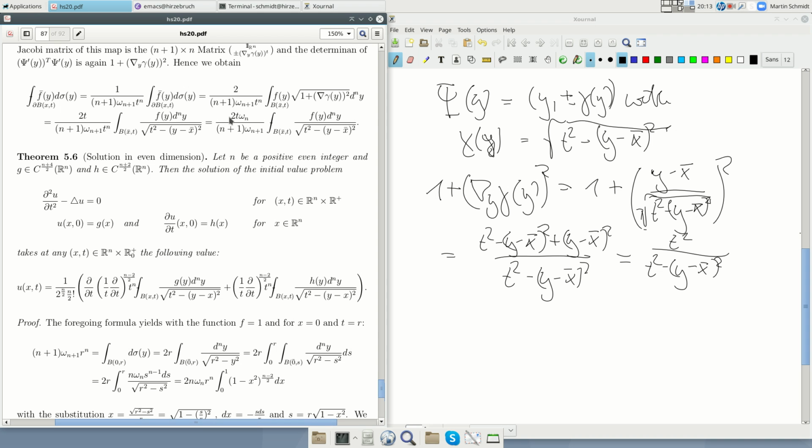Two times, because we have both hemispheres, and we have this additional t.